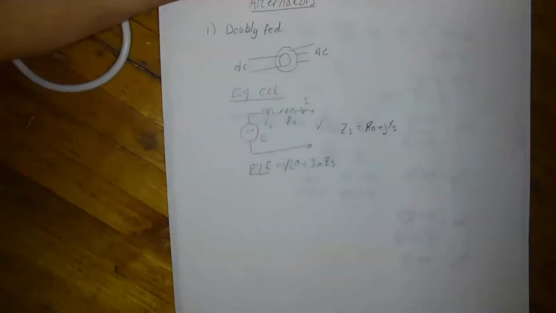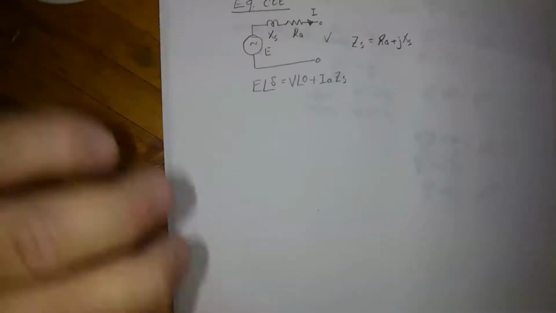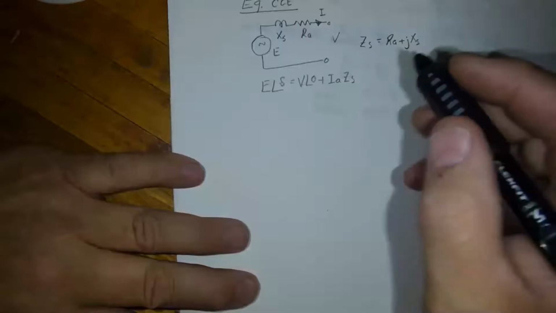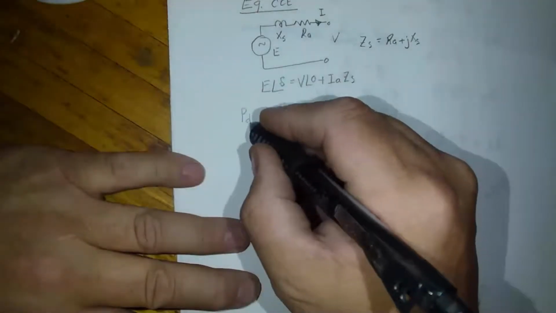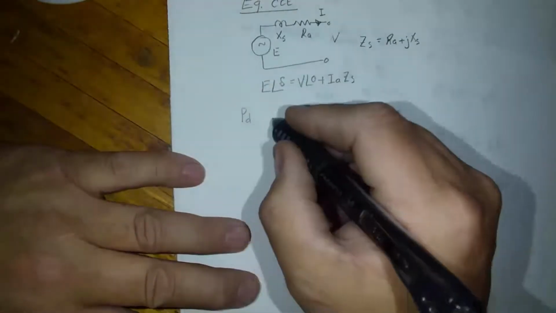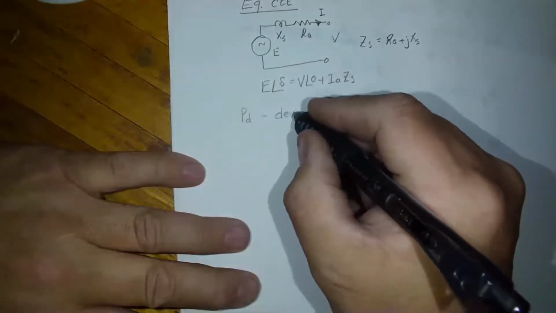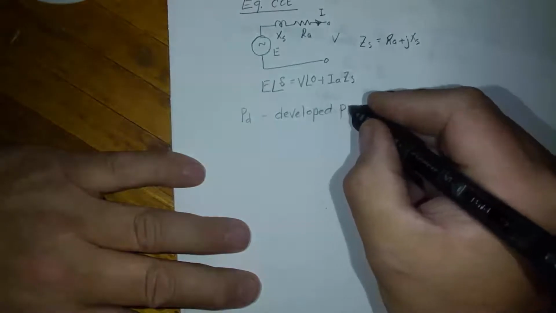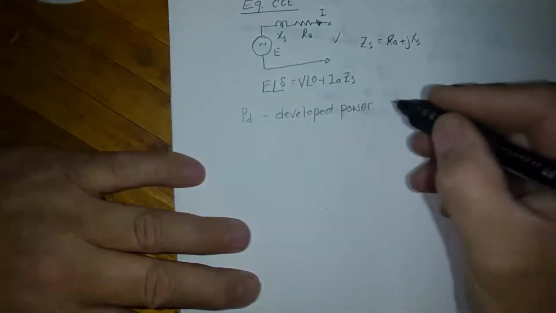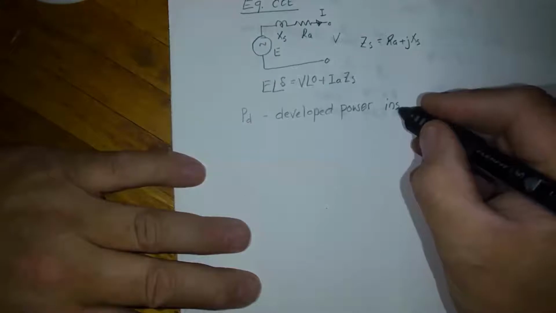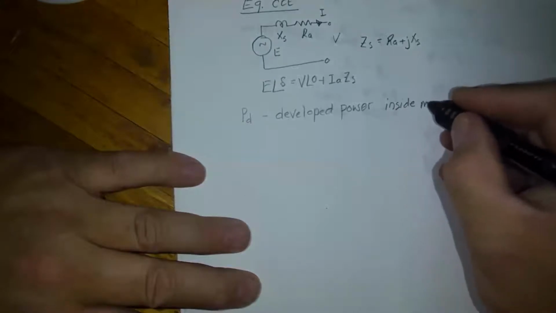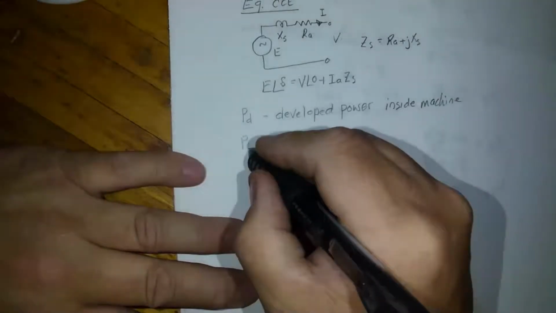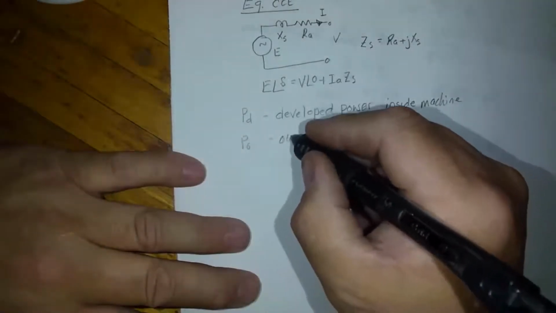Now, we've got two types of power. We've got the developed power that's inside the machine, and the output power, which is the output of the machine.